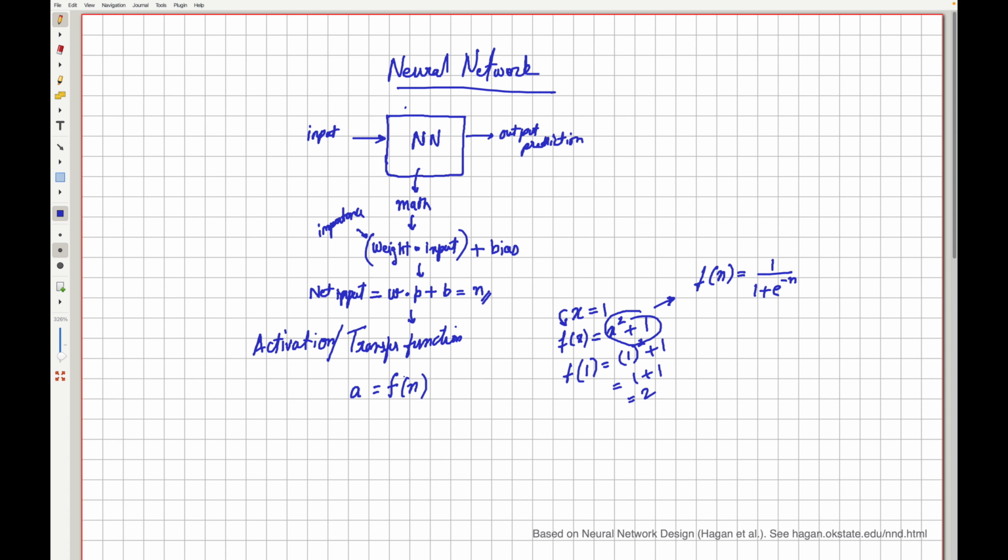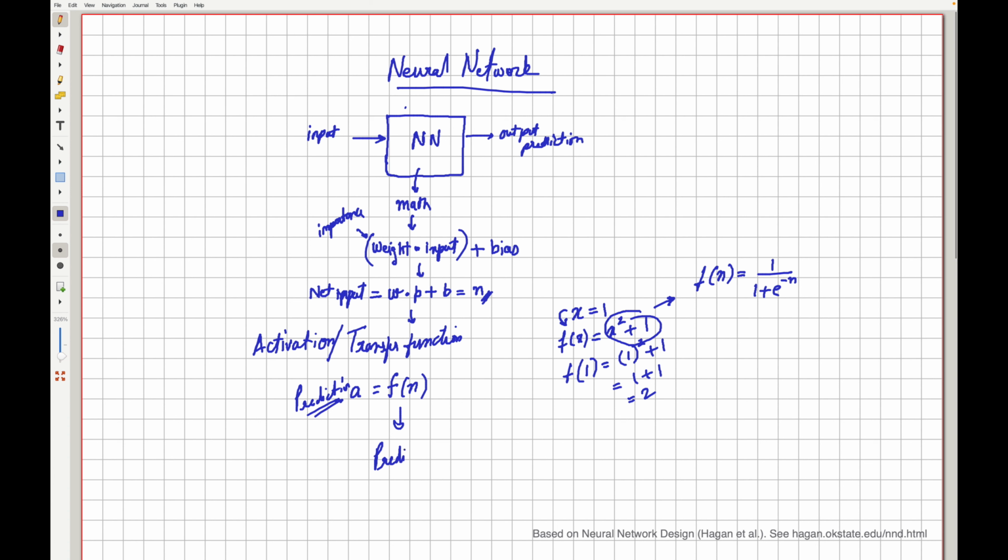For now, we just need to know that whatever net input is calculated here is passed into a function that outputs a value which we are going to denote by the letter A, and this is going to be our prediction. Okay, so that's the prediction. That's all there is.